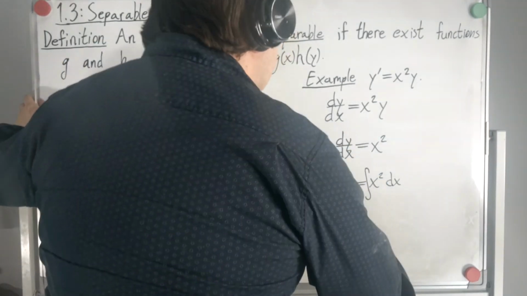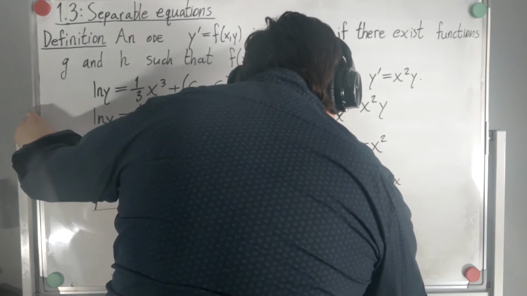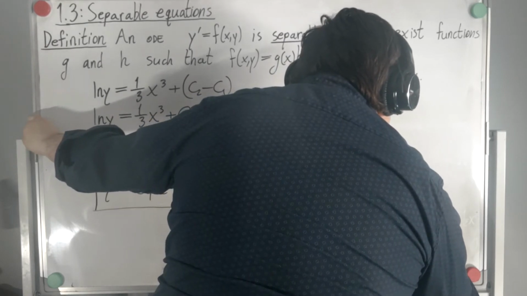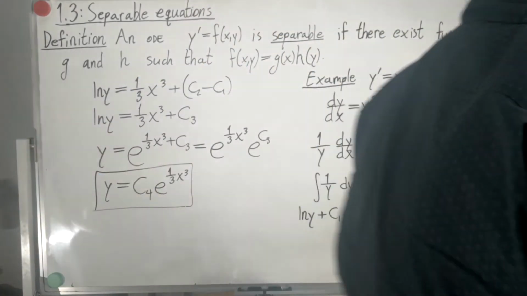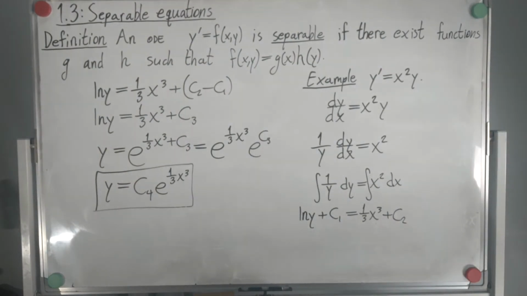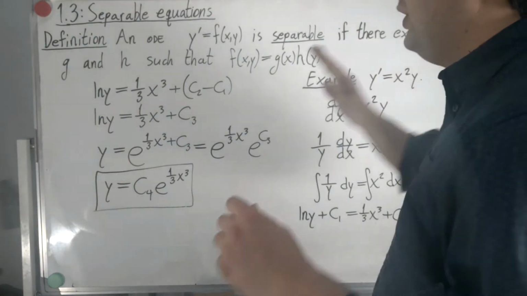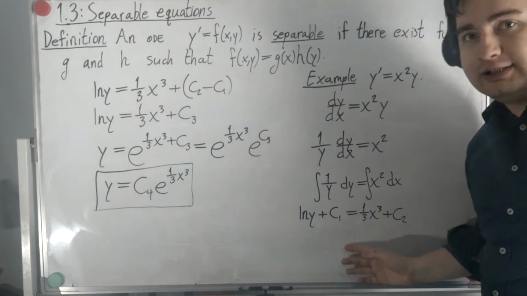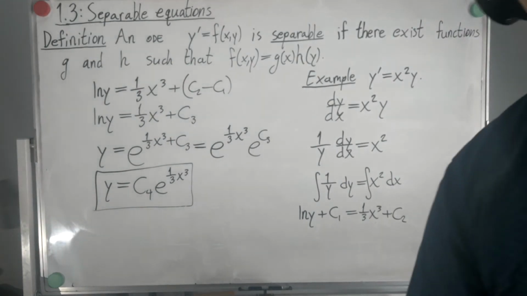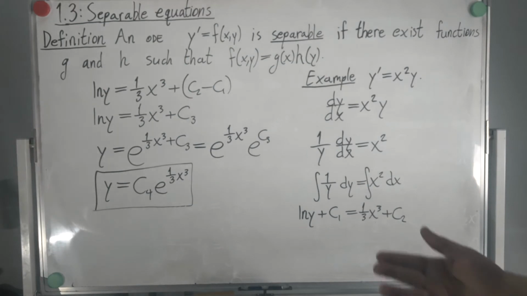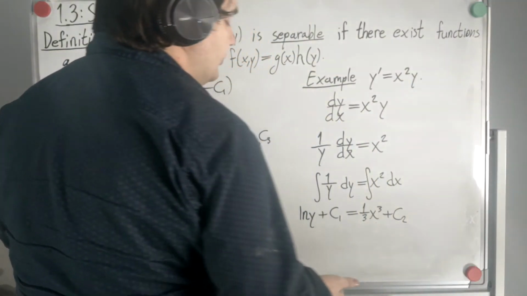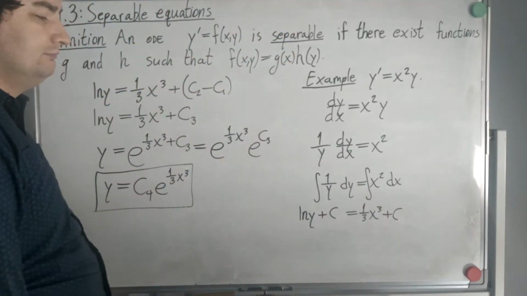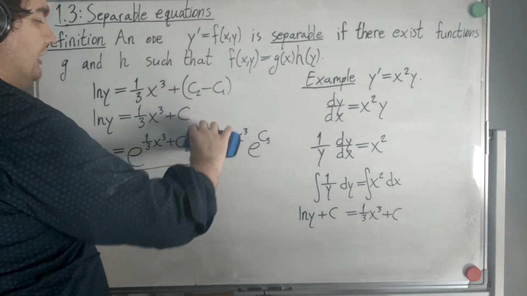The other thing is I got ln y plus c1 equals 1/3 x cubed plus c2, and then went from there. In practice, most people, when they do differential equations, are not this careful about what to name the constants. For them, an arbitrary constant is just an arbitrary constant. So they prefer to just give them all the name C. And then this is C as well.